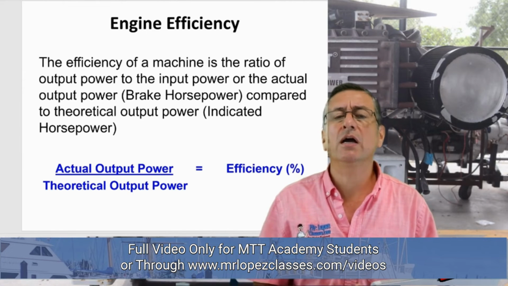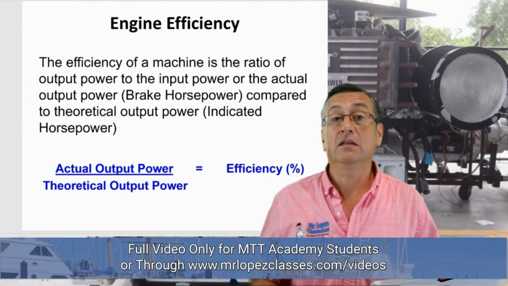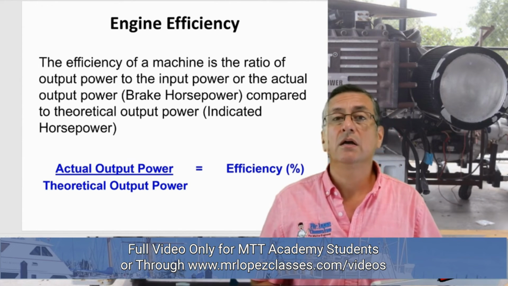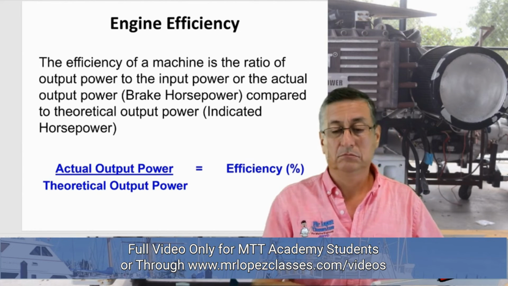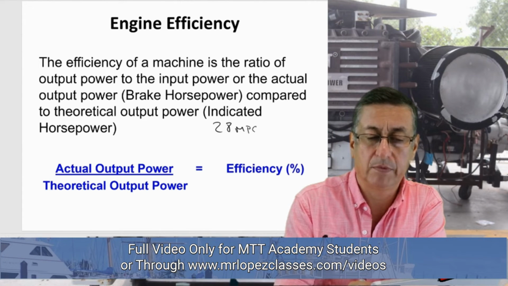You have a new car and you have the catalog of the car, and the catalog says that the fuel consumption of the new car is 28 miles per gallon.